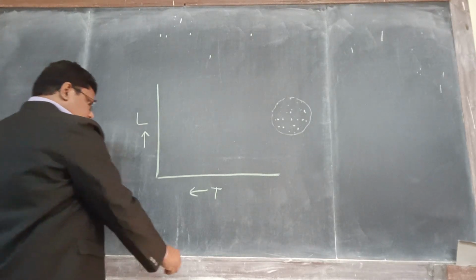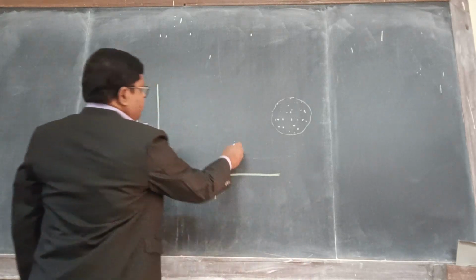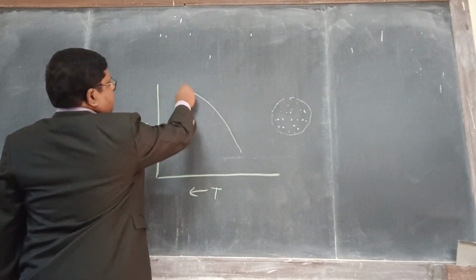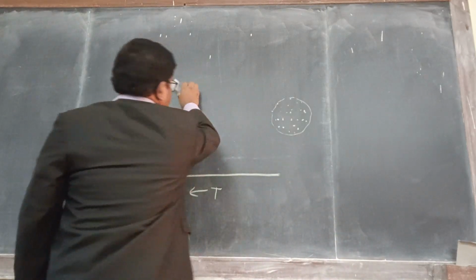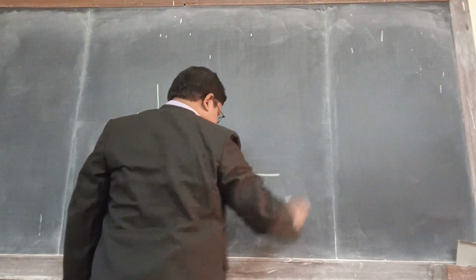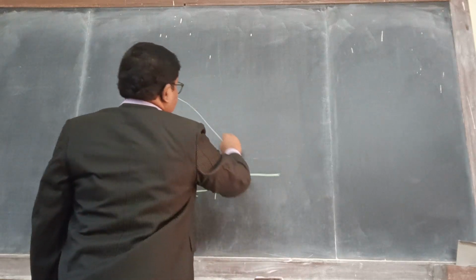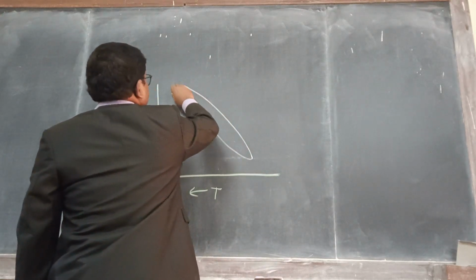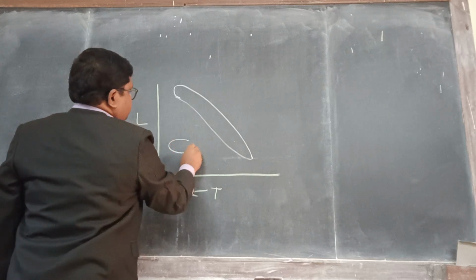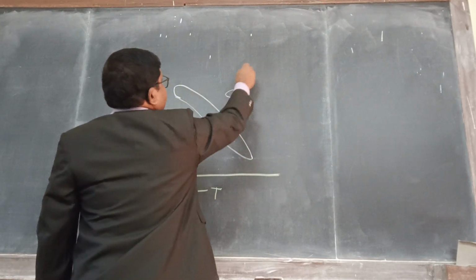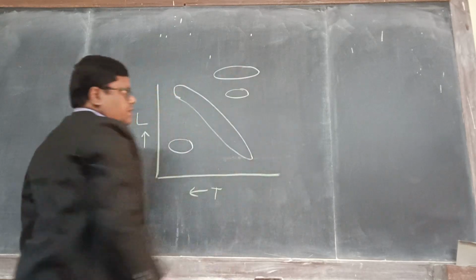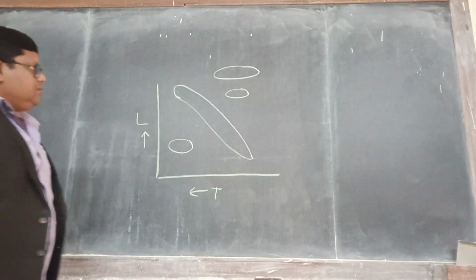Now, in the HR diagram, let us do a mark. So this is the region for white dwarf, this is the main sequence, this is giants, this is super giants. Okay?